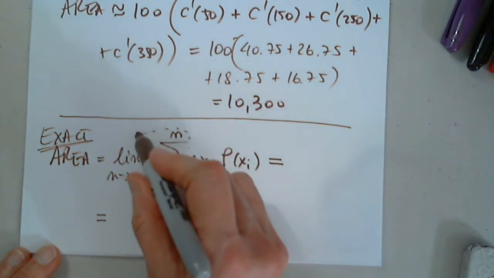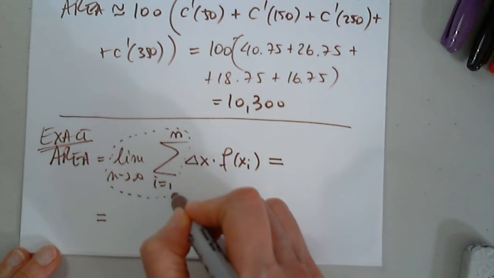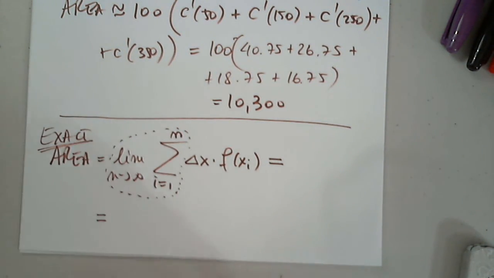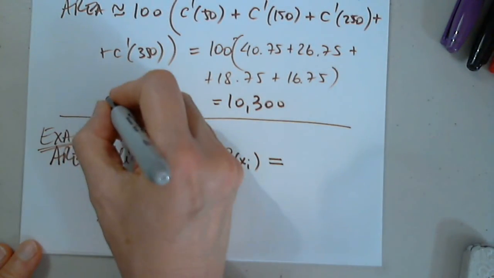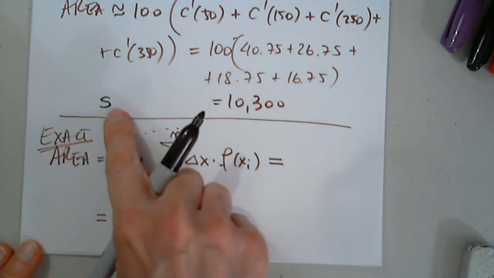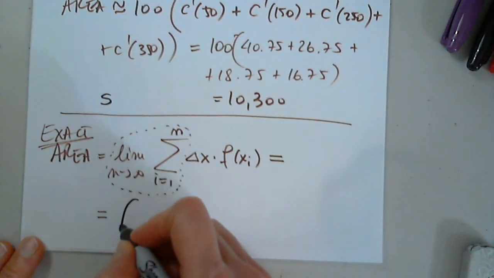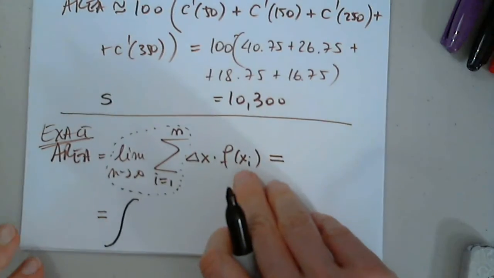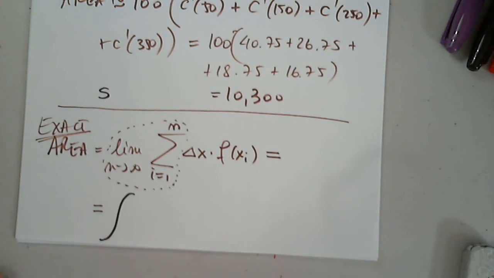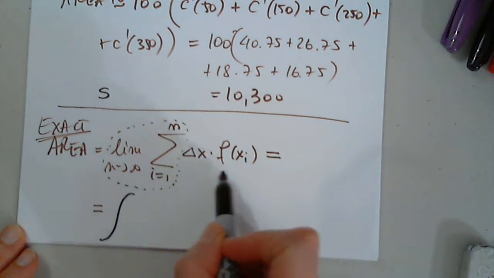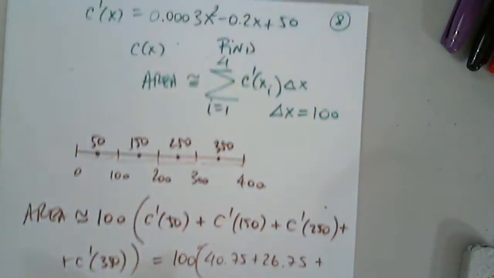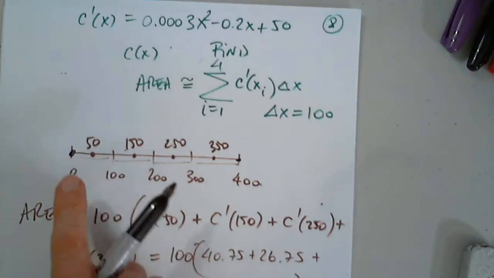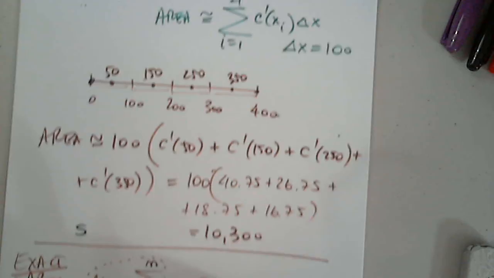This is exact. These two symbols will be condensed into one. It will be a normal S, but stretched S. As you remember, we calculated all this on a particular interval, and this interval was from 0 to 400.